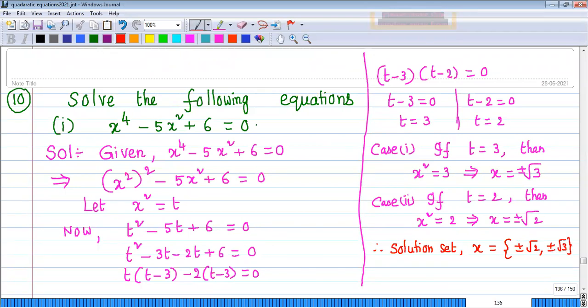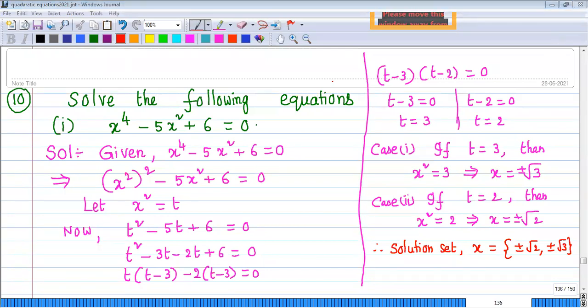Okay, I will ask you one question. How many roots are there for x to the power of 4 minus 5x square plus 6 is equal to 0? How many roots are there? 4 roots. Exactly correct. It has 4 real roots.